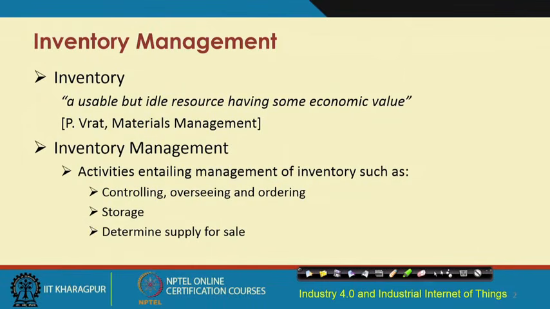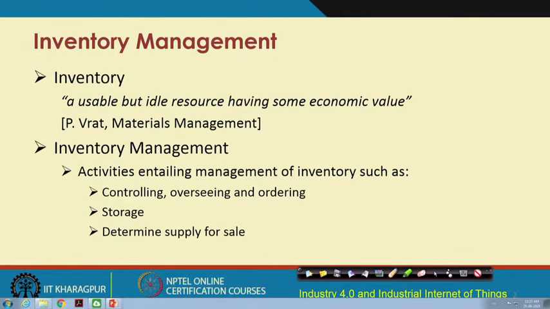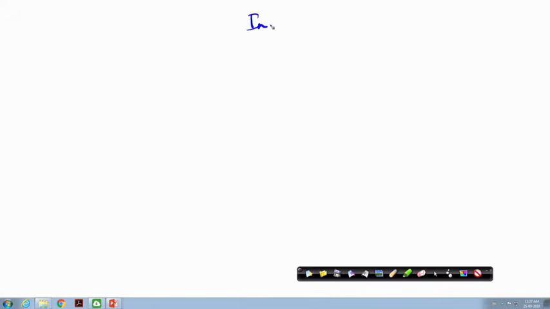You do not want to procure everything, stock it up and then sell as and when required. Everything has to be done optimally. That is where inventory management and control is required for the overall profitability of the business. So, let us look at the different activities in inventory management.